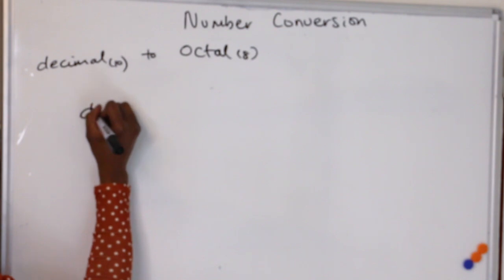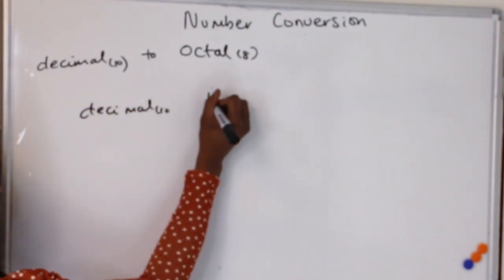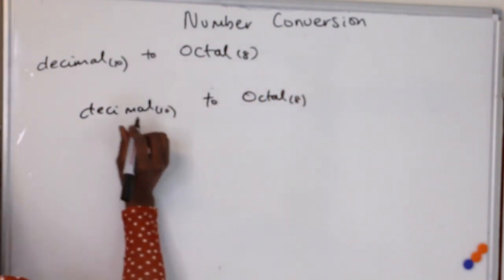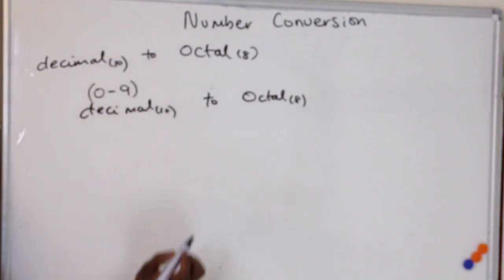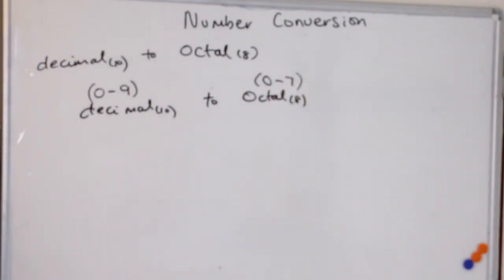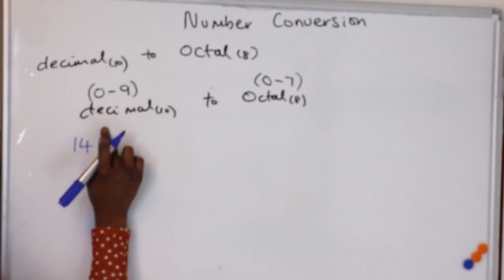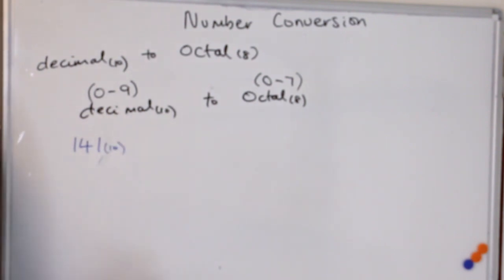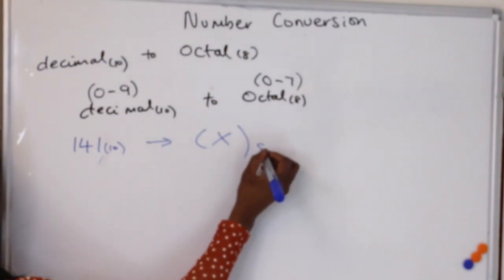So here we have a decimal, base 10, to octal, base 8. And if you remember, decimals are between 0 to 9, and octal is between 0 to 7. Okay, so if I give you an example of 141 base 10. And I'm asking you, what is it to base 8?